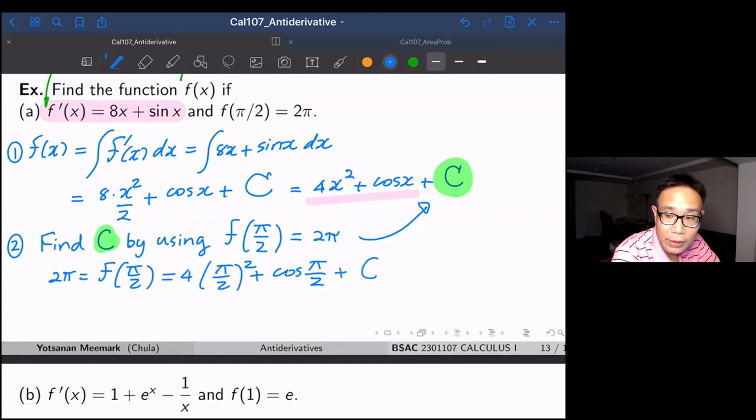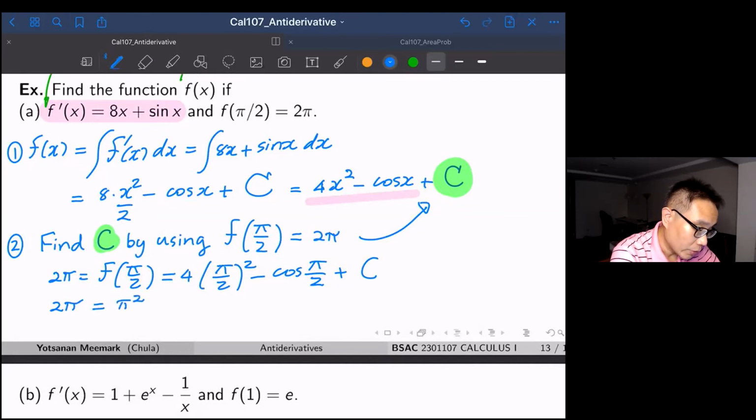plus c. Okay, I made a mistake, right? This one, integrate sine, you get negative cos. Sorry about that, you may be confused here. So you get 2 pi equal to, this term turns out to be just pi squared.